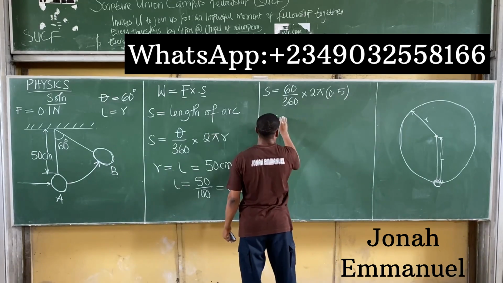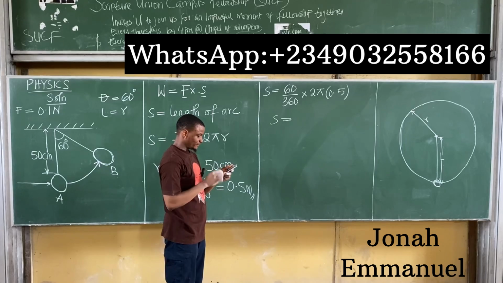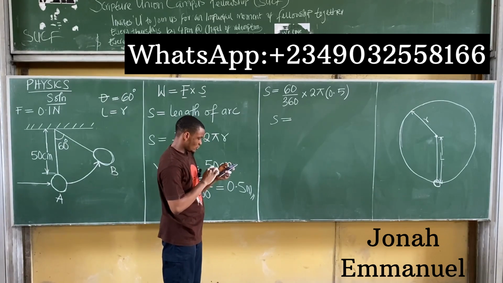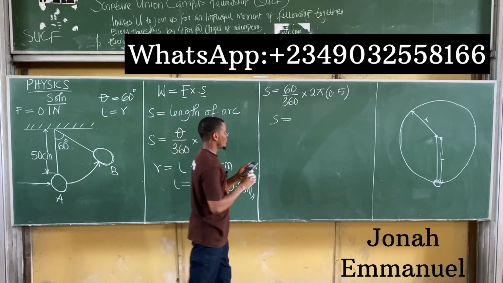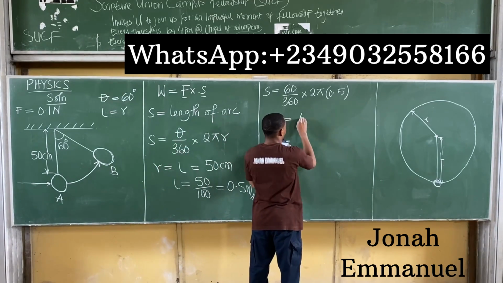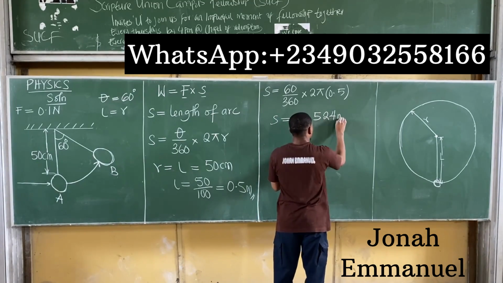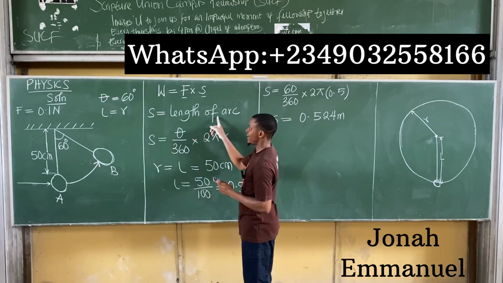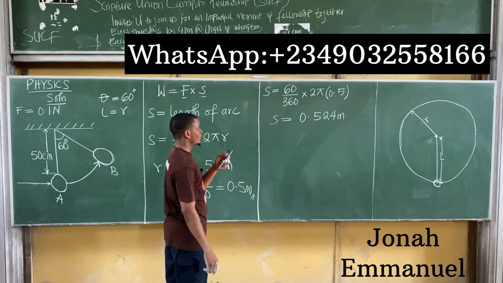So I'll punch this in correctly and see my value. 60 over 360 times 2 times pi times 0.5. Let me use 3 dp. That's about 0.524 meters. Don't forget we're looking for the length of the arc. Length is in meters, so I'm having approximately 0.524 meters.